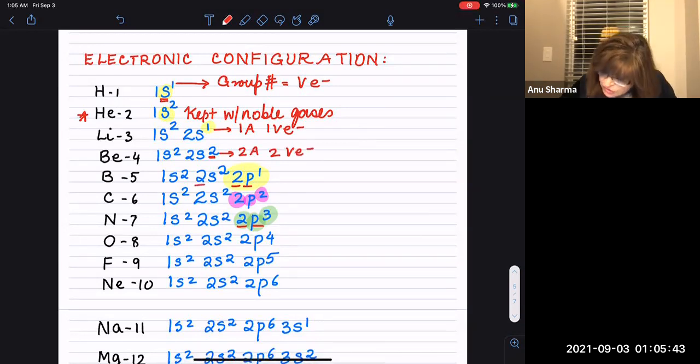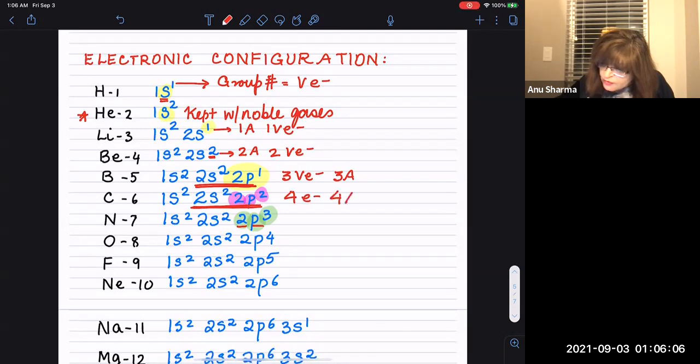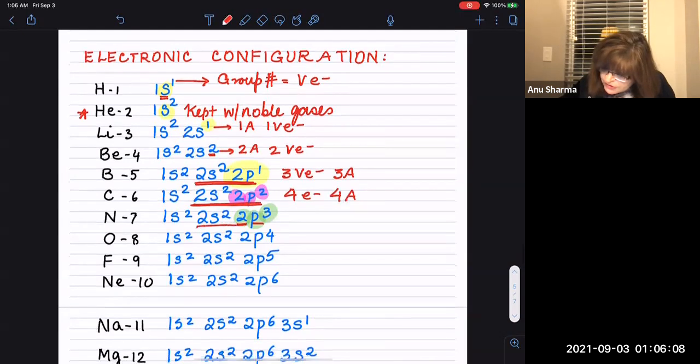Now this is 2s2 and 2p1 together. So there are a total of 3 valence electrons, and boron is present in group 3a. This piece right here, all of them are 4 valence electrons. So that is why they are present in 4a. This piece 2s2, 2p3. So 2 plus 3 is 5 valence electrons.